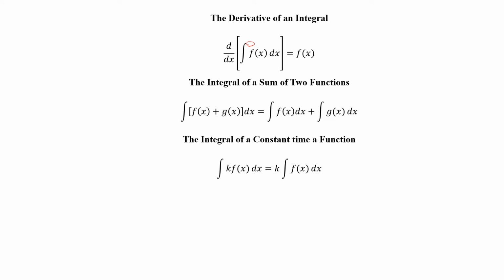And if we have a constant times a function, this constant can go to the outside so that we can see it there. And then you can just deal with the integral of the function. And so these allow us to deal with bigger things that might have a number multiplied, or the sum of a few things. So we have polynomials or polynomials plus trig and things like that.